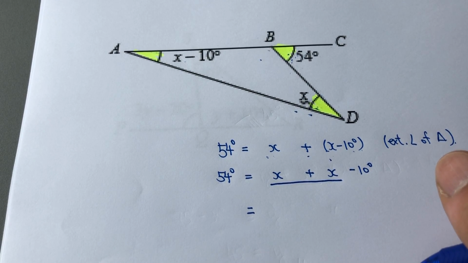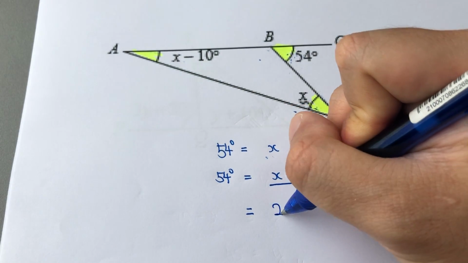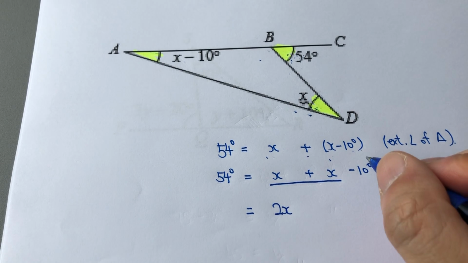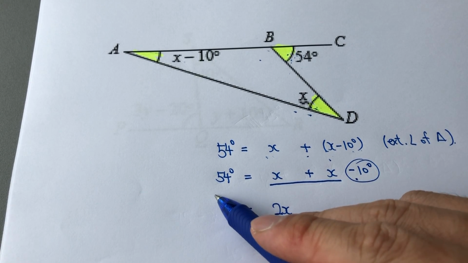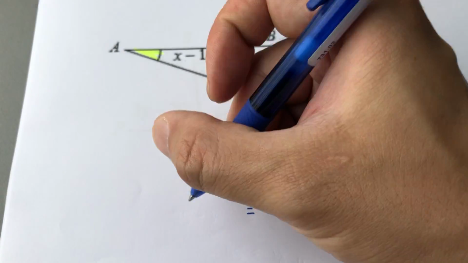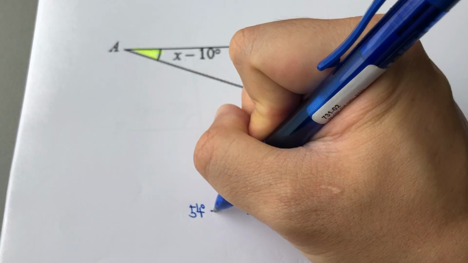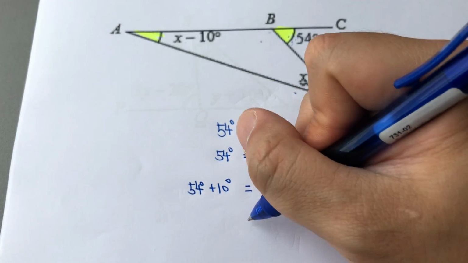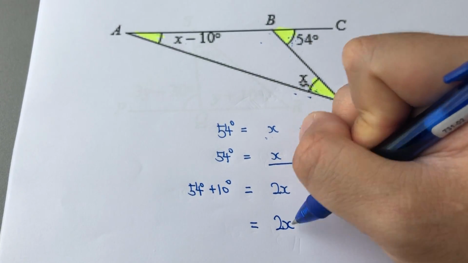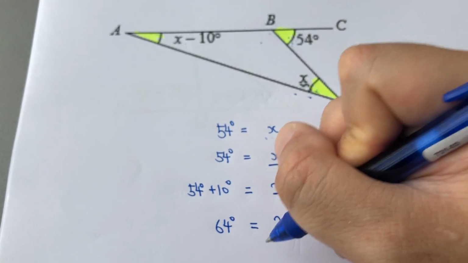X plus x, 1 apple plus 1 apple becomes 2 apples, so that we have 2x. And the negative 10, if you bring it to the left-hand side, becomes positive 10. So we have 54 degrees plus 10 degrees equals 2x. And therefore 2x equals 64 degrees.